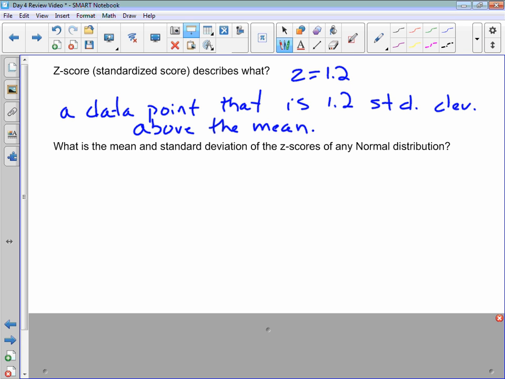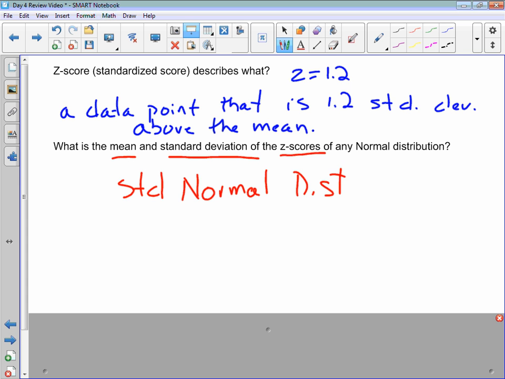If we turn every data point into a z-score, we get a standard normal distribution, where the mean is 0 and the standard deviation is 1. We get that traditional normal distribution with 0, 1, 2, 3.